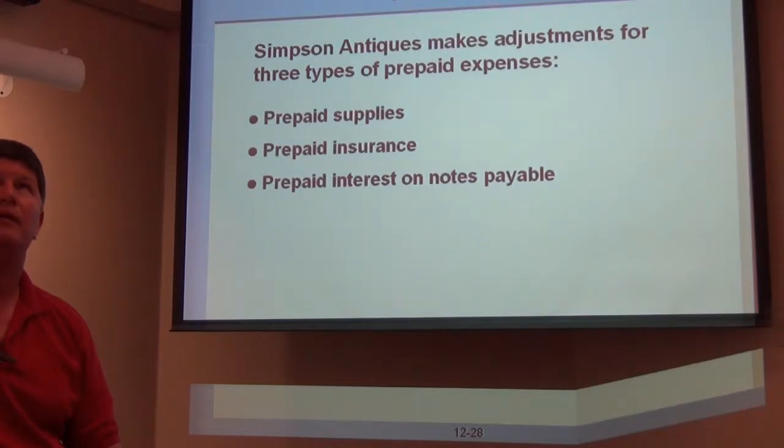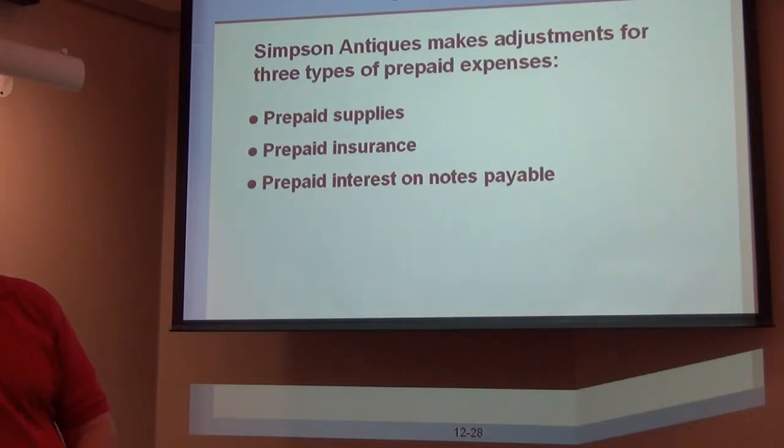So if you prepay $6,000 for 6 months of rent, how much did we use up this month of our prepaid? $1,000. So we've got to reduce that prepaid by $1,000 and record it as an expense. Good? Everybody remembers that. That's chapter 5.